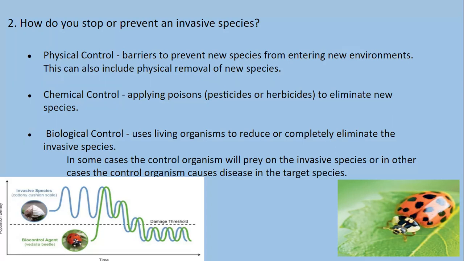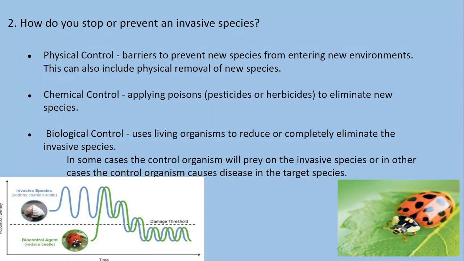So in the case where you can control the invasive species using a predator-prey type of relationship, that's another way that we can reduce that population. So you may think, well, why is that necessary? Why should we get rid of these invasive species? Even though they might be really cool or they might be fun, having these invasive species disrupts the ecosystem where they don't belong, like the pythons in the Everglades.